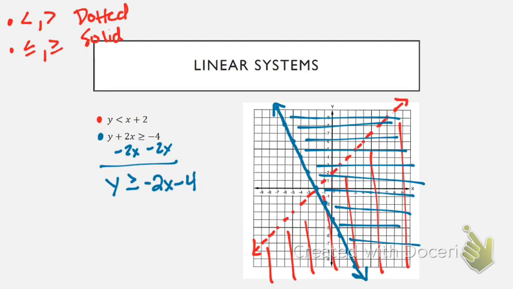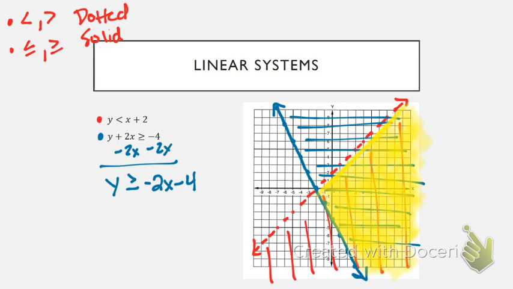And since it's asking me to solve, we are looking where the red shading and blue shading overlap. And that is right here. So the solutions to these inequalities is any xy coordinate in that region that I just highlighted.